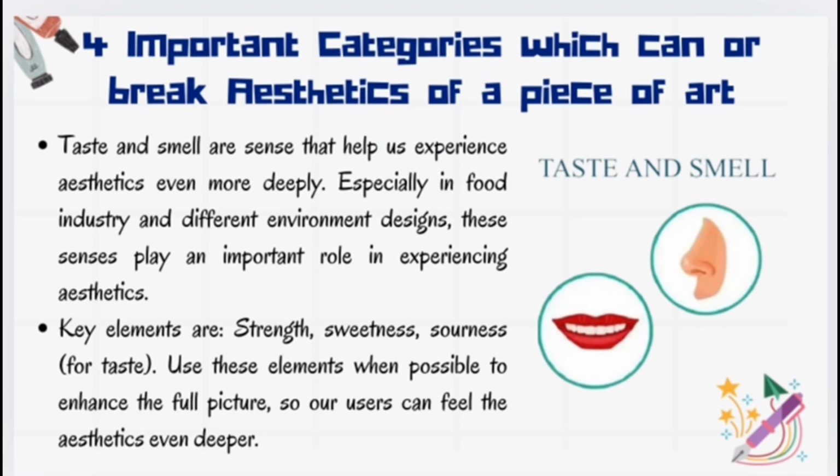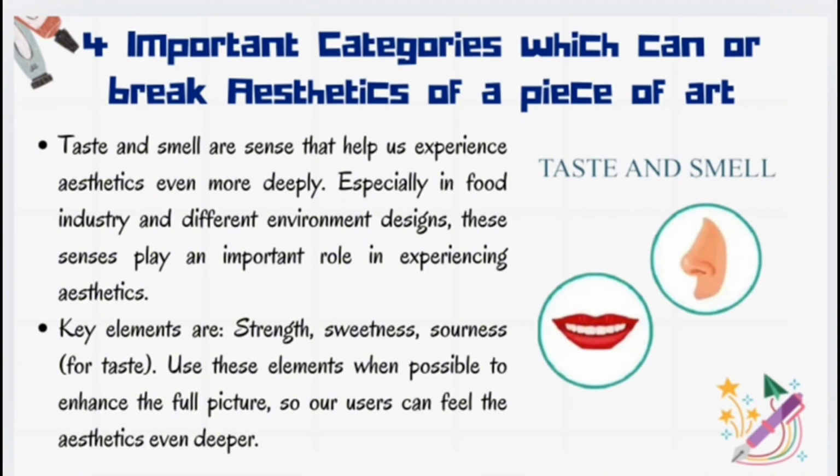So next one is taste and smell. Taste and smell are senses that help us experience aesthetics even more deeply, especially in the food industry and different environmental settings. These senses play an important role in experiencing aesthetics. Key elements are strength, sweetness, sourness.